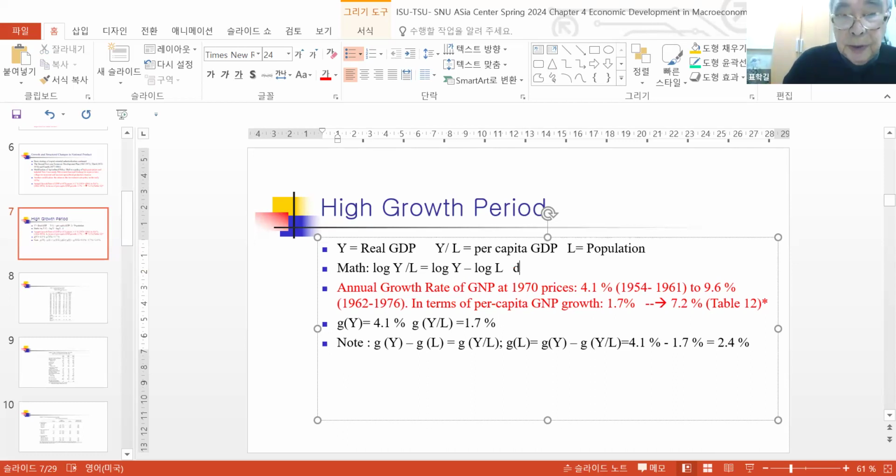one other mathematics is d log y with respect to time, which is y t minus y t minus 1, in parentheses, divided by y t minus 1.